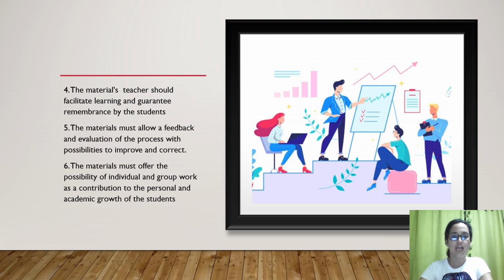Number 5, the materials must allow feedback and evaluation of the process, with the possibility to improve and correct mistakes. Number 6, the materials must offer the possibility of individual and group work as a contribution to the personal and academic growth of the students.